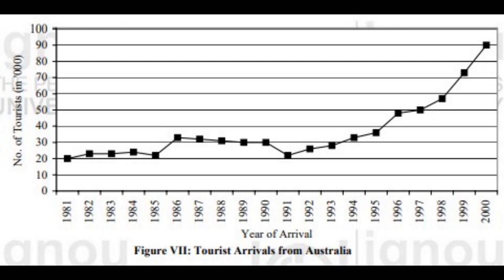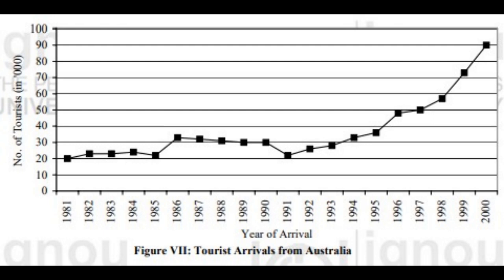The growth registered during 1997, 1998 and 1999 was 3.9%, 14.1%, and 26.4%, respectively. Australia continued to register a positive growth during 2000 of the order of 23.8% over 1999.